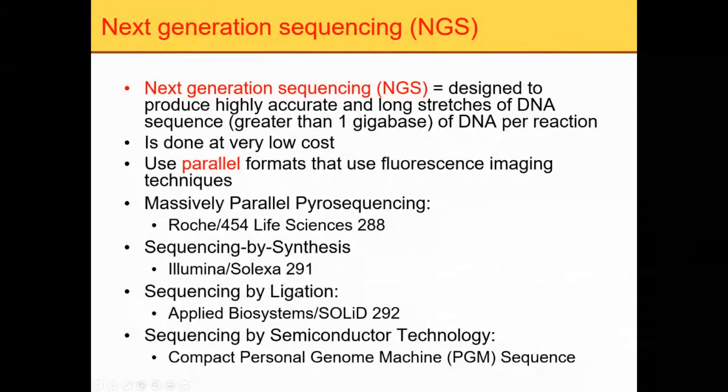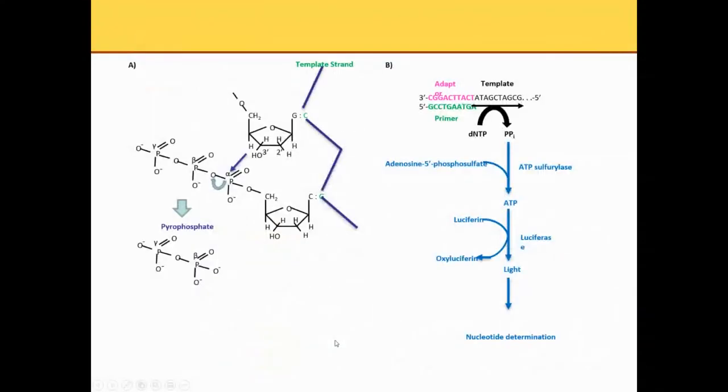And then you can also have sequencing by ligation, and this is special because it does not require DNA polymerase. They use a ligase to perform the sequencing. And there is sequencing by semiconductor. If you remember this particular reaction here, when you add the incoming nucleotide to the DNA, the hydroxy group attacks the alpha phosphate and releases the pyrophosphate.